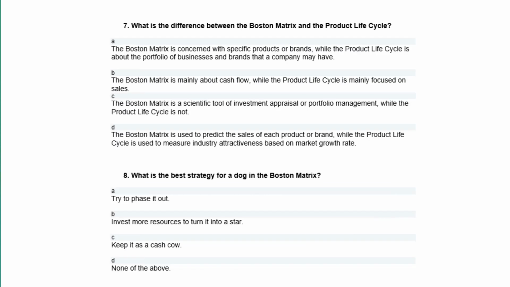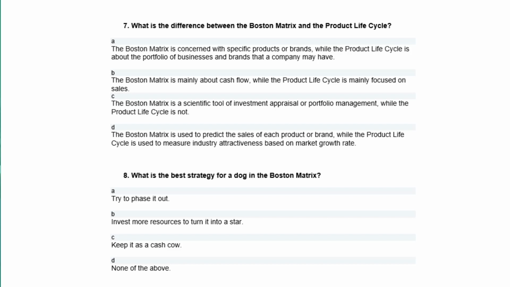What's the difference between the Boston matrix and the product life cycle? Well, the Boston matrix is concerned with specific products or brands, while the product life cycle is about the portfolio of businesses and brands the company may have. The Boston matrix is mainly about cash flow, while the product life cycle is mainly focused on sales.